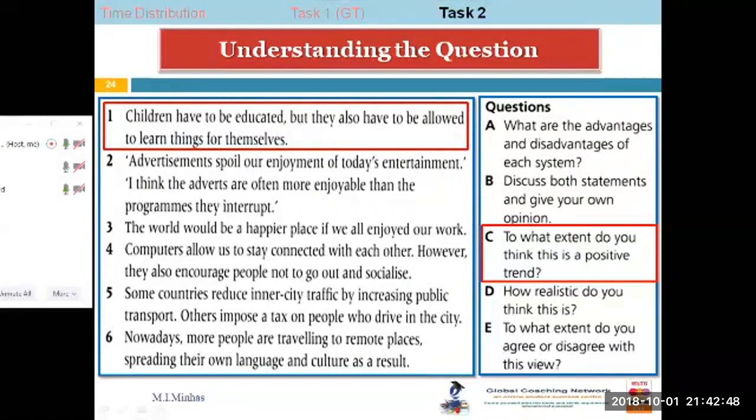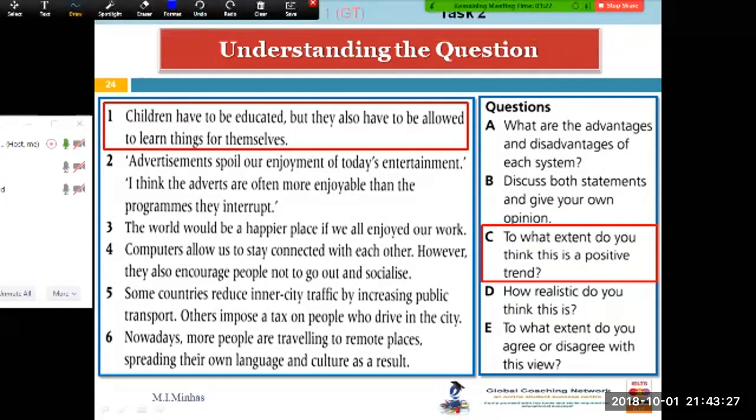Like if I say nowadays more and more people are eating fast food, what does it mean? It means that in the past they used to eat less, and now they are eating more fast food, right? So there's a comparison between past and present.